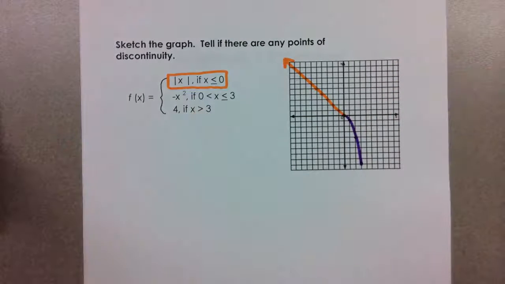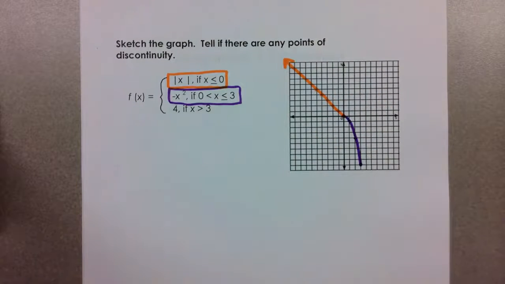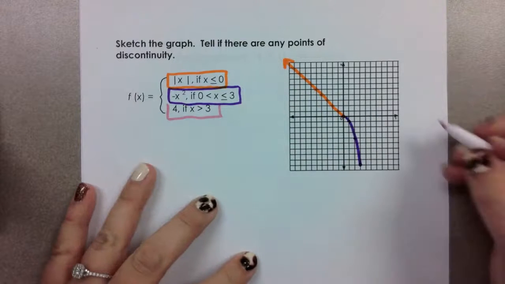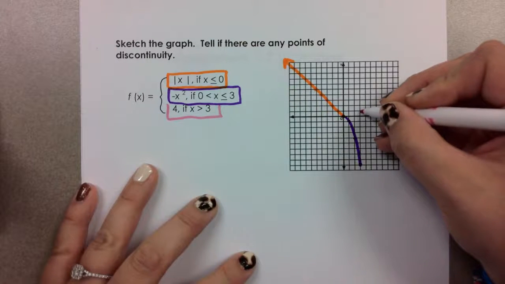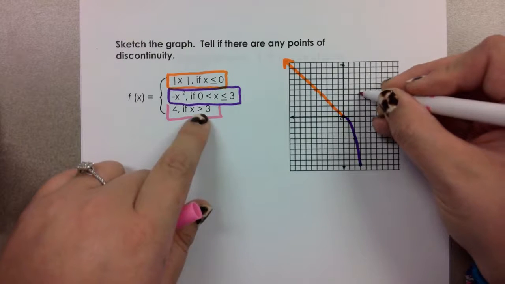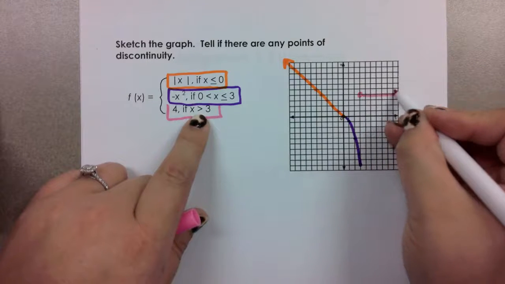So there's that function. And then my function is 4 if x is greater than 3. There's 3, 1, 2, 3, 4. Notice it says greater than, so I put an open circle there, and then that's just a horizontal line.